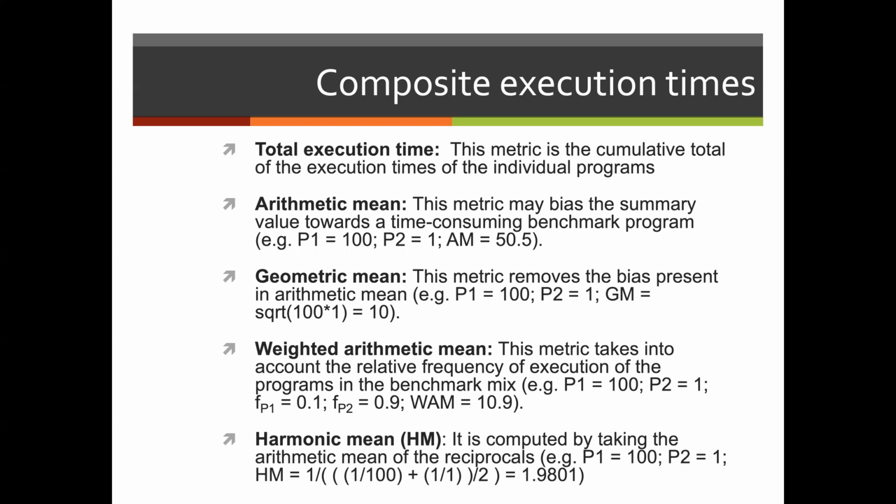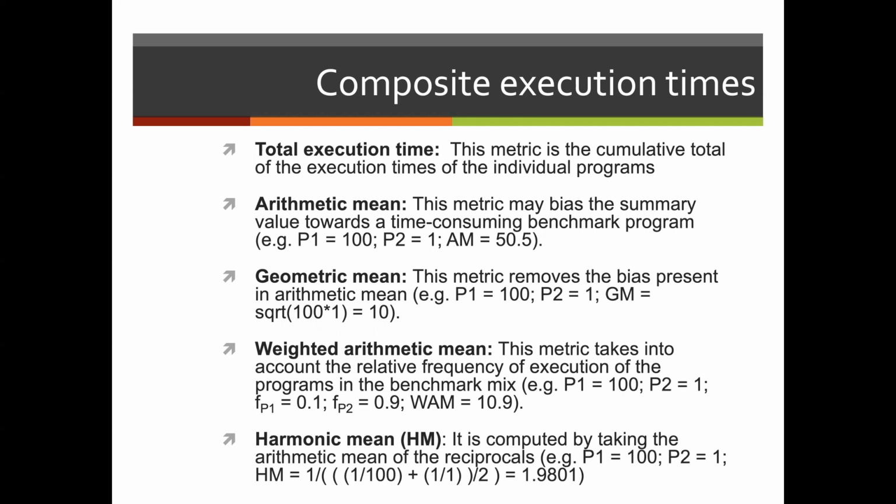We've talked about arithmetic mean. This is going to be a metric that may bias the summary value towards the time-consuming benchmark program. Geometric mean is going to be a metric that tries to remove the bias present in an arithmetic mean.